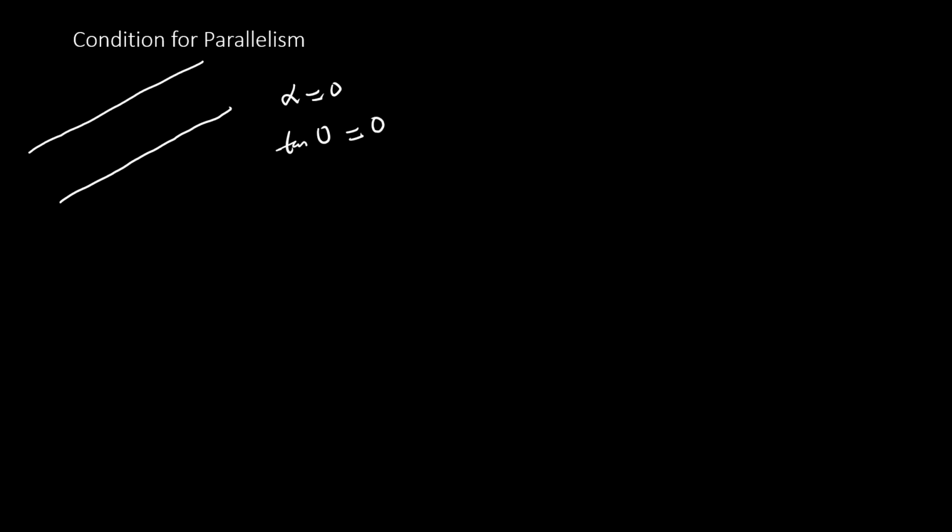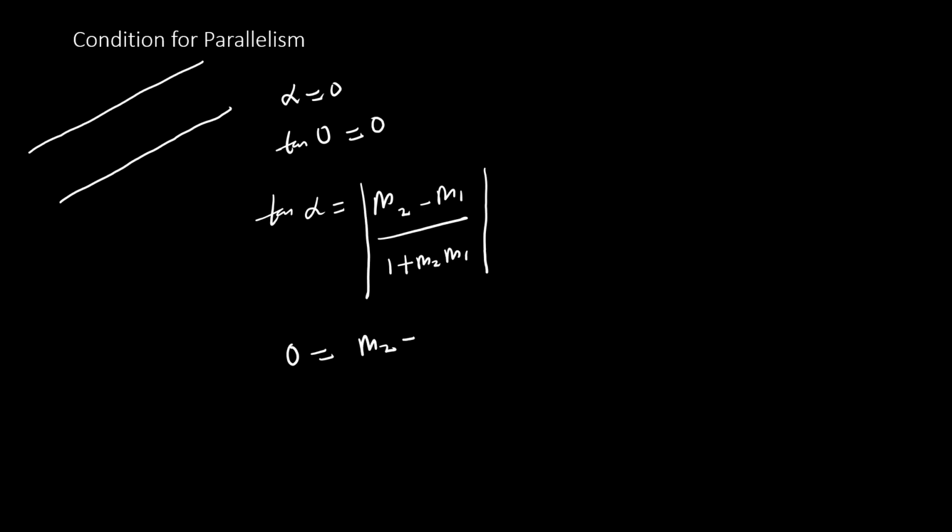So going back to the formula for finding the angle between two lines, the formula is defined as tan alpha equals the absolute value of m2 minus m1 over 1 plus m2 m1, where m2 and m1 are the slopes of these two lines. Now we have alpha equal to 0, so tan 0 equals 0. We now have 0 equals m2 minus m1 over 1 plus m2 m1.